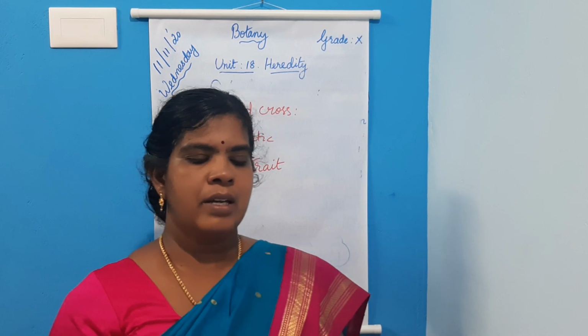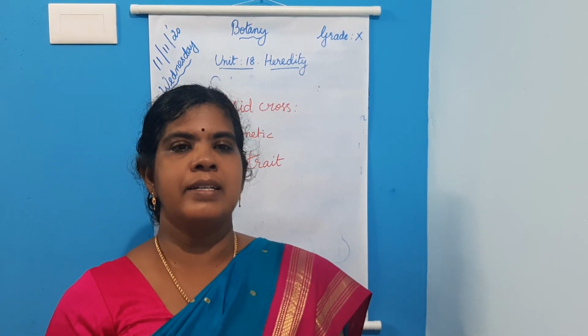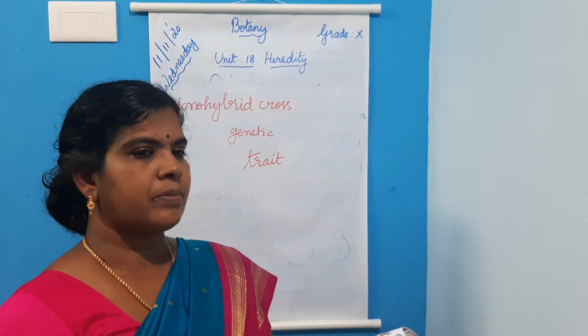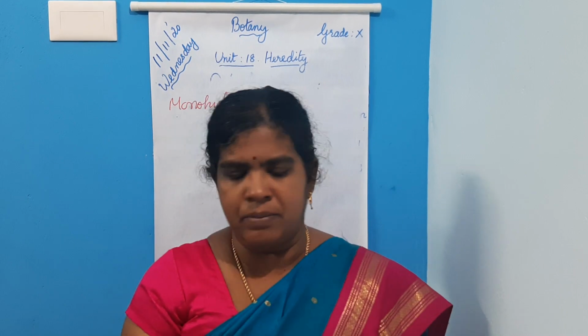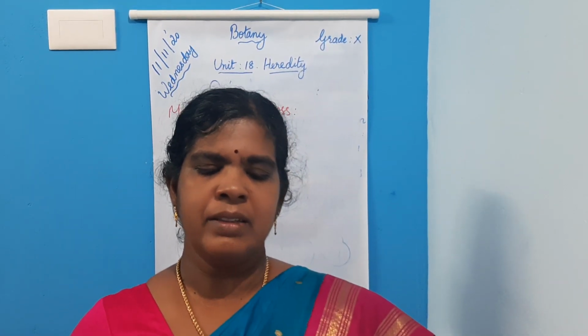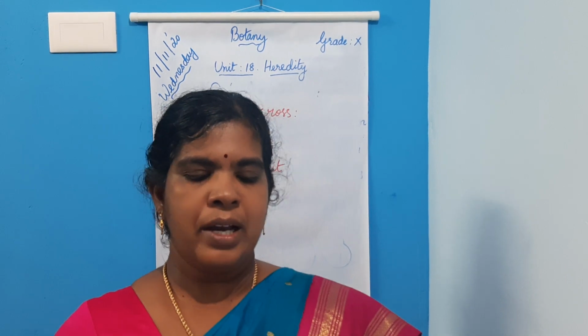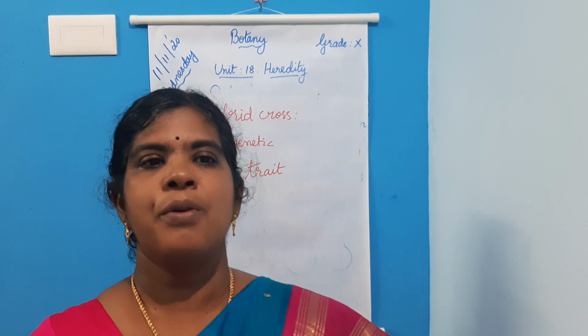Second point, parents differ by a single trait. Third point, monohybrid ratio in F2 generation is 3:1.